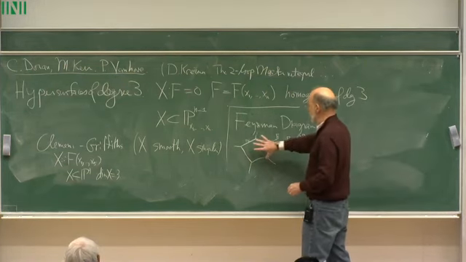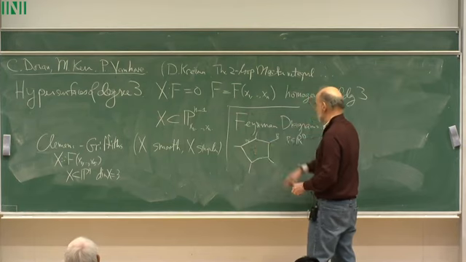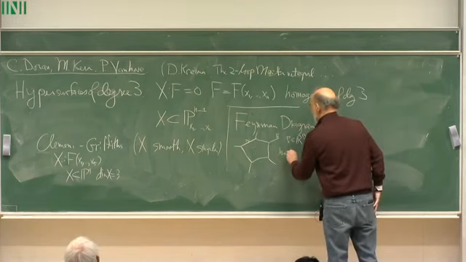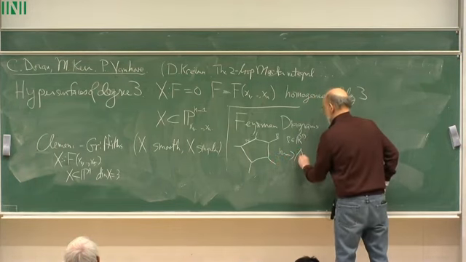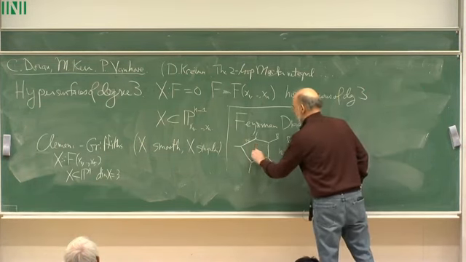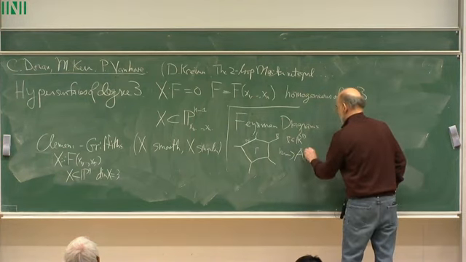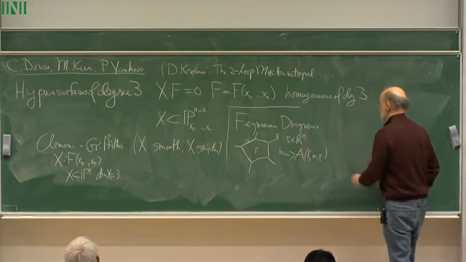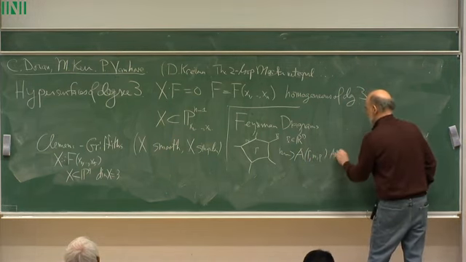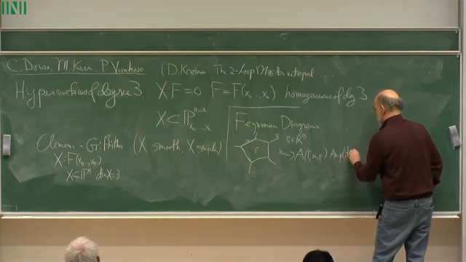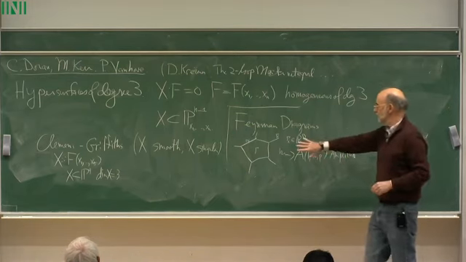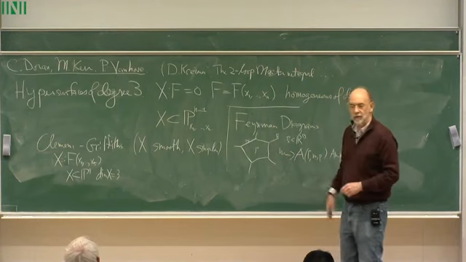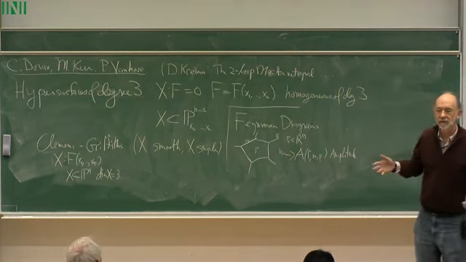And to this object, you associate an amplitude, which is, so if we call the graph gamma, A of gamma, and the masses and the momenta, which is the amplitude. And then you sum this over all the Feynman diagrams in your theory to get the answer.